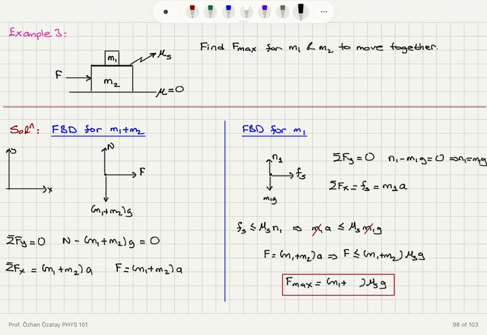before we lose this common motion. So the static friction will not be enough to keep M1 and M2 moving together.